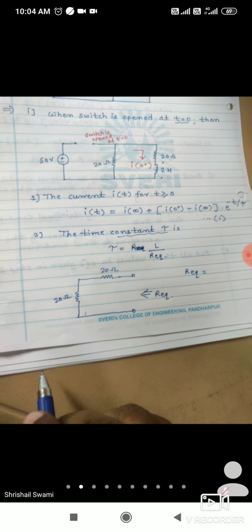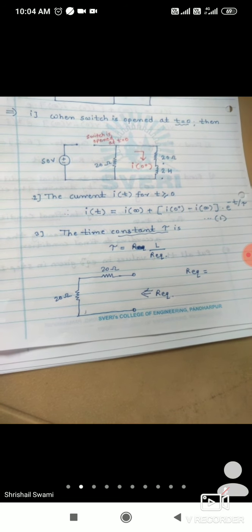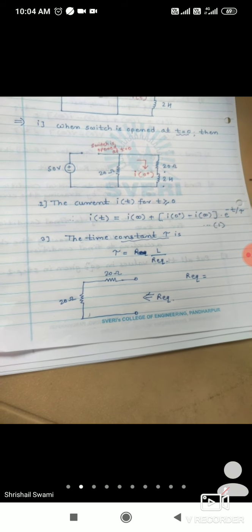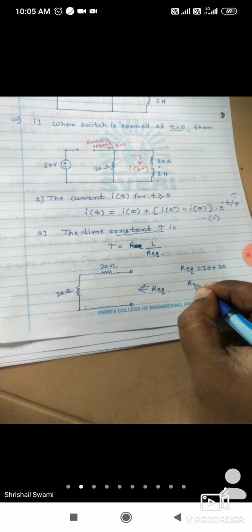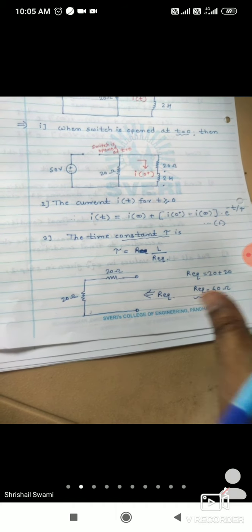What will come? Total resistance. How are they connected, series or parallel? Series. So 20 and 20 are connected in series. So R equivalent is 20 plus 20, that is R equivalent is equal to 40 ohm. So find out time constant tau.